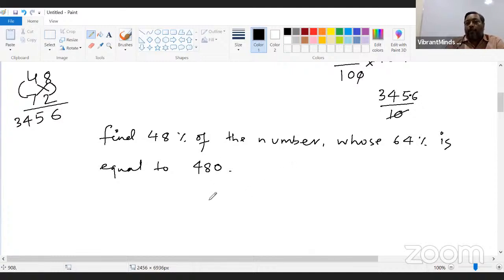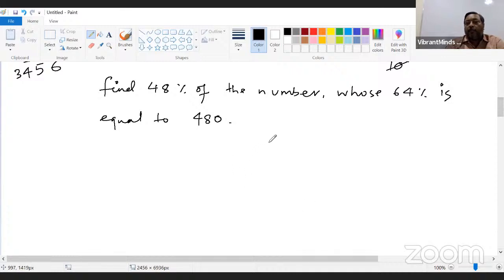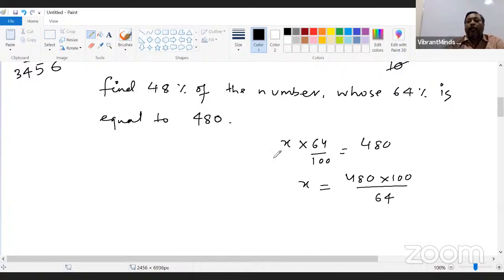So a traditional approach will be something like this. We take the number as x. x into 64% is equal to how much? 480. This will give you x, and that x is equal to 480 into 100 by 64. Now you have to find 48% of that number x.